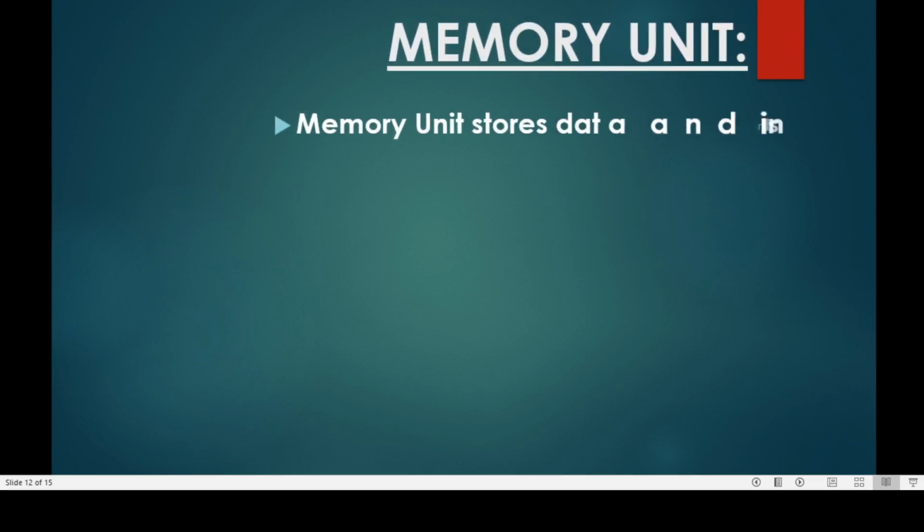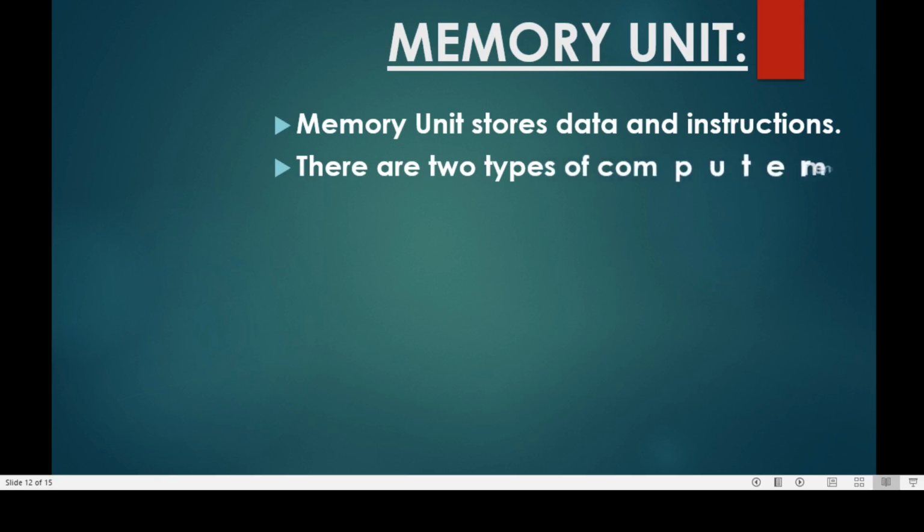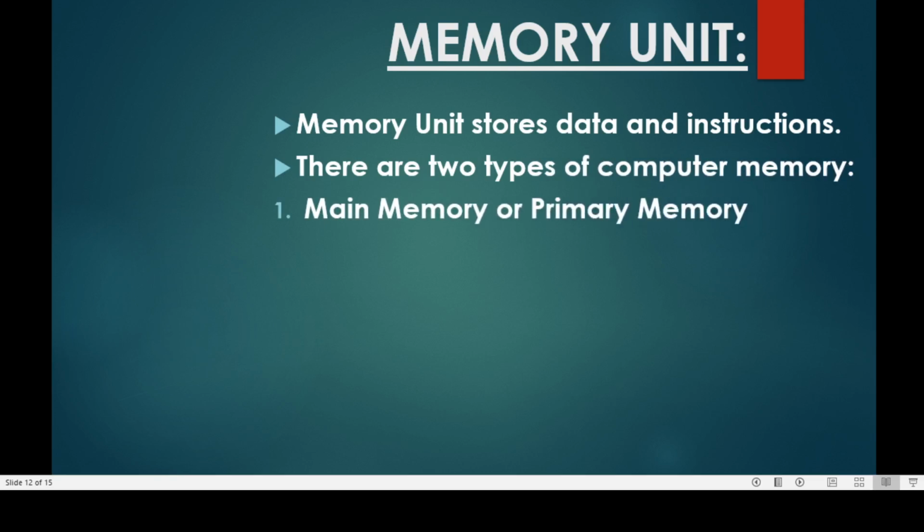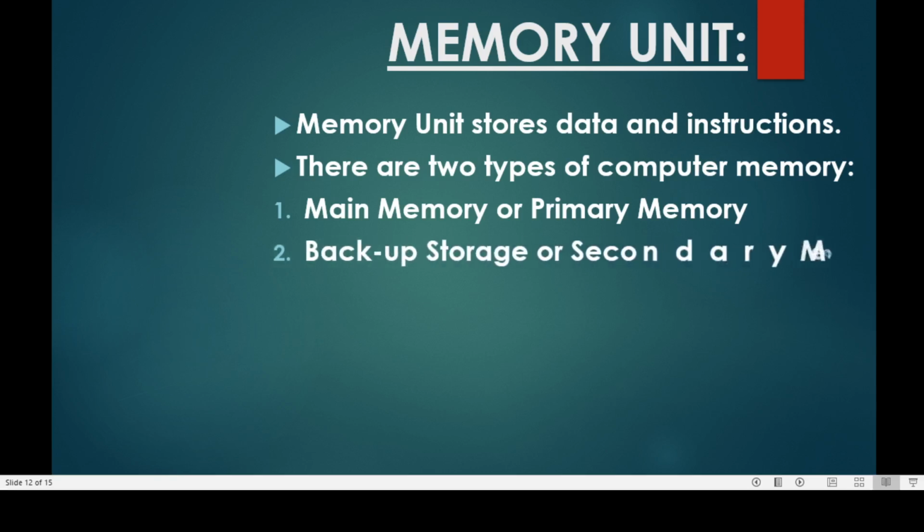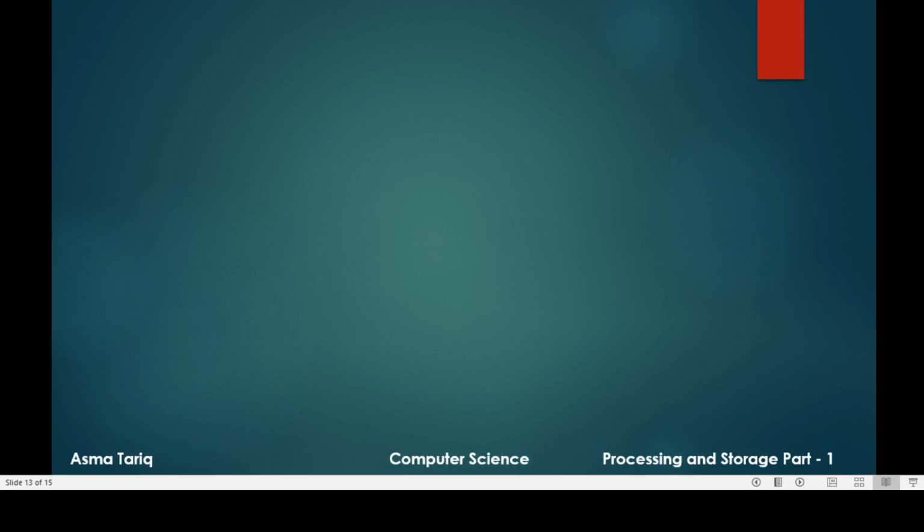Memory unit (MU). The memory unit stores data and instructions. There are two types of computer memory. Number one is called the main memory or primary memory, and number two is backup storage or secondary storage memory.